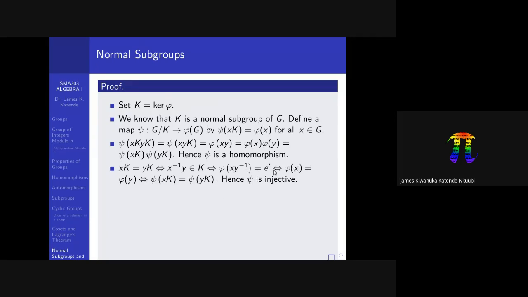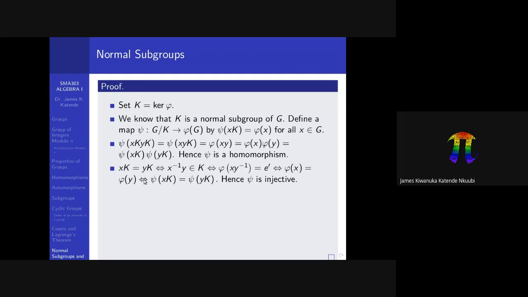I have skipped some steps in this simplification. You can fill that up yourselves. The only change you need to make is that instead of x y inverse here, we should have x inverse y. Using the properties of homomorphism, you can eventually show that the image of x is equal to the image of y.